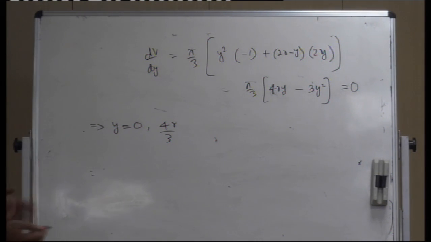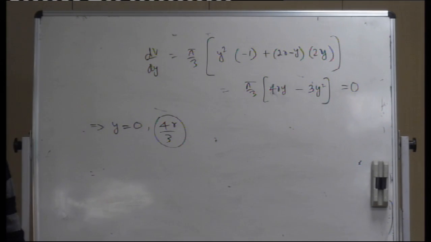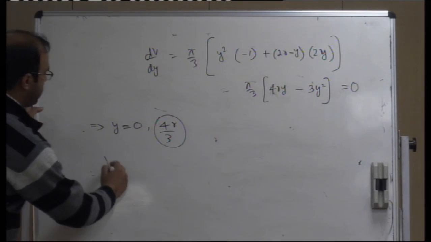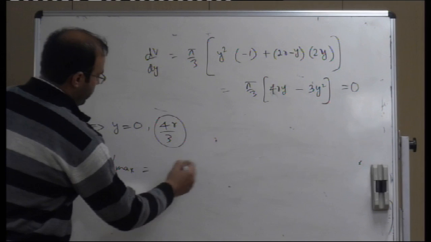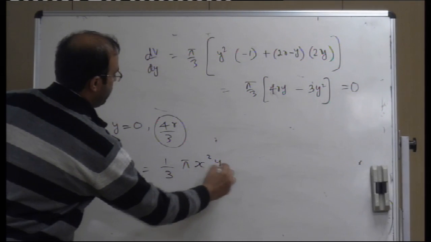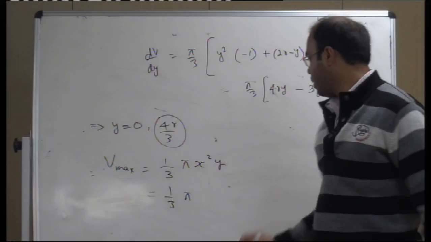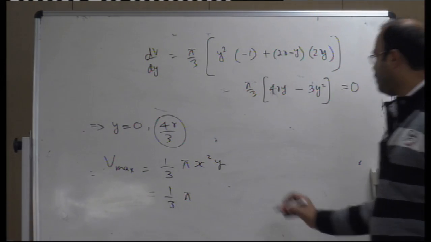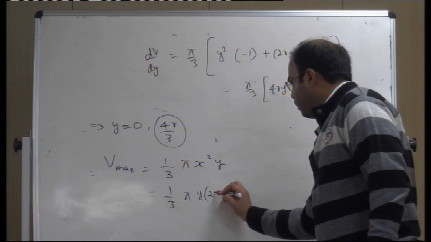So obviously the other part, 4r by 3, will definitely give you the maximum volume of the cone. So you can find the maximum volume of the cone by putting it in the formula 1 by 3 pi x square y, and that would become 1 by 3 pi, and x square as we expressed there was y into 2r minus y.